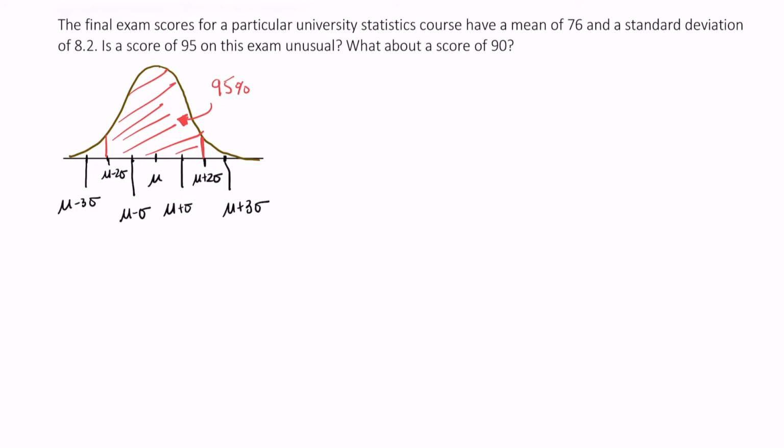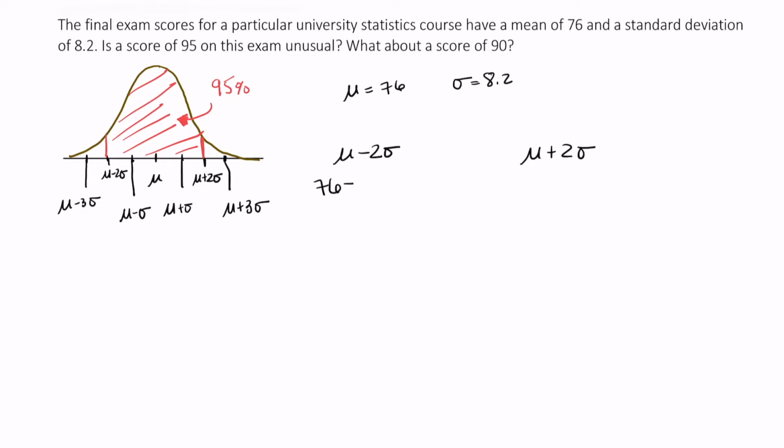So let's compute, given that our mean is 76 and our standard deviation is 8.2, 2 standard deviations above and below the mean. So we want the mean minus 2 standard deviations and the mean plus 2 standard deviations.